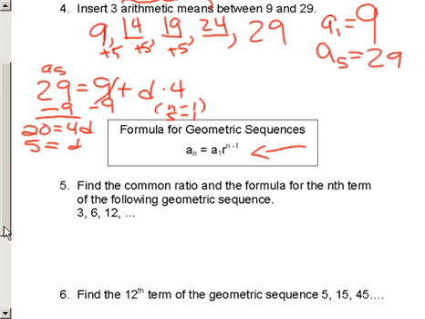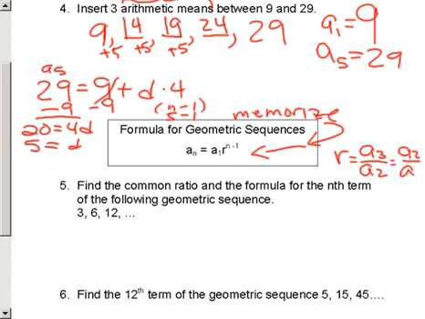All right. So now you have another one memorized. This one. And then R, remember, is the common ratio by taking A3 divided by A2 or A2 divided by A1. Just take a term and divide it by the previous term. That's what R is.